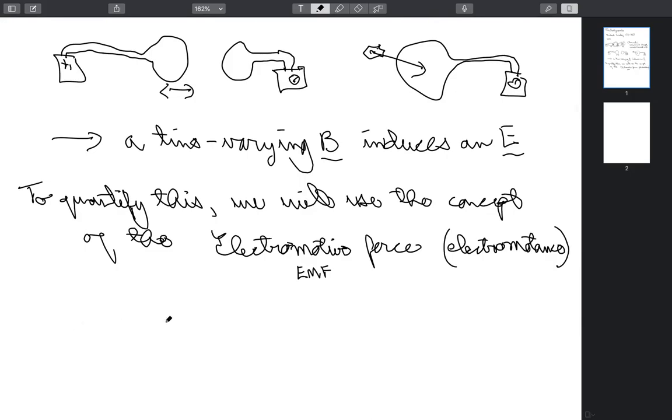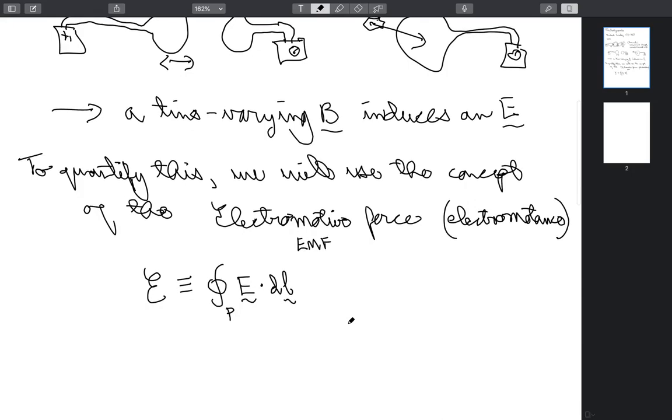So what is it? It's quite simply defined as the integral along a closed path of the electric field, dotted into the displacement. So you can think of the EMF in a number of different ways.